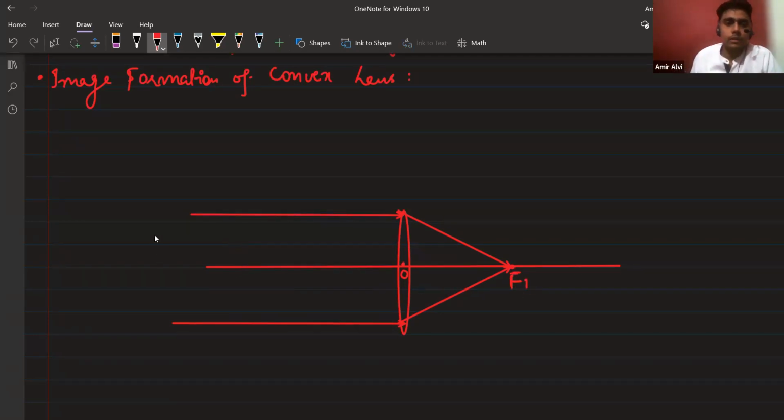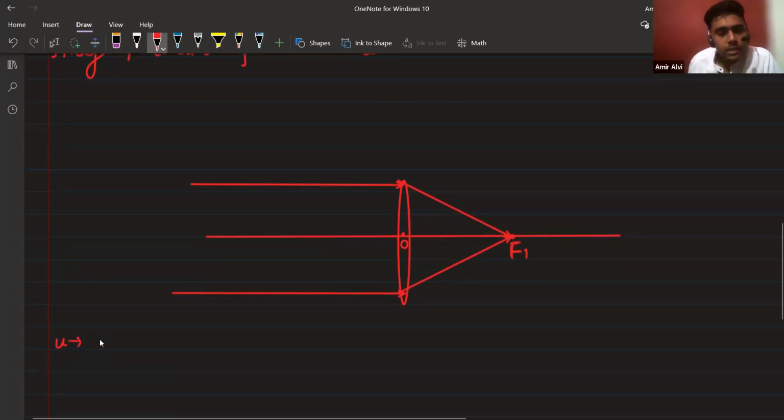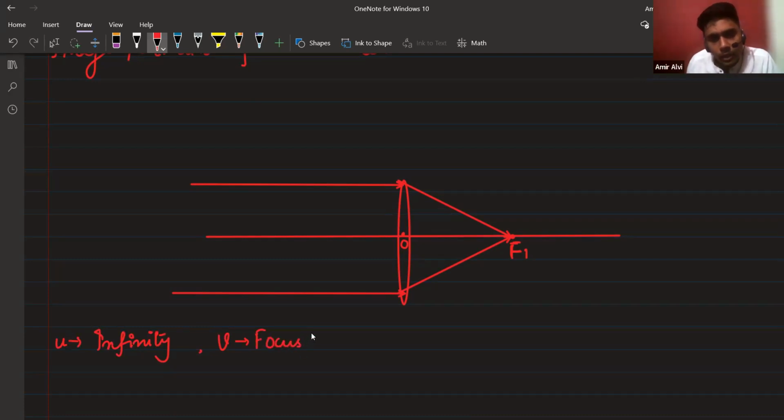Clear? Anybody, any doubt? This is the simplest situation for the image formation. Clear? Let me write down the thing. U is at infinity. V at focus 1.